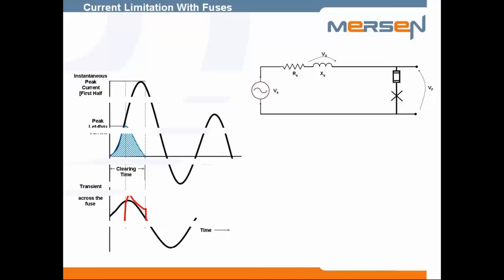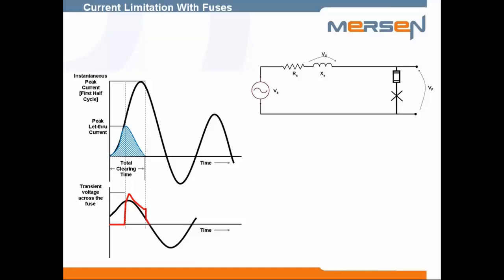So current limitation occurs within the first quarter cycle. As the current is rising, that current flow will cause the notches to heat up to their melting temperature before the rest of the link. When that happens, the notches increase rapidly in resistance as they move from solid material to a gas, to an ionized gas.